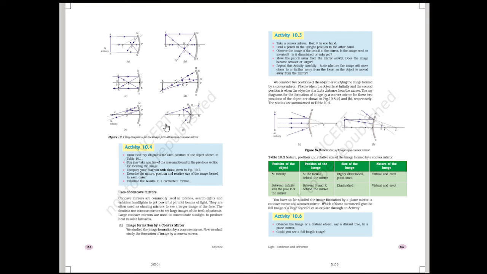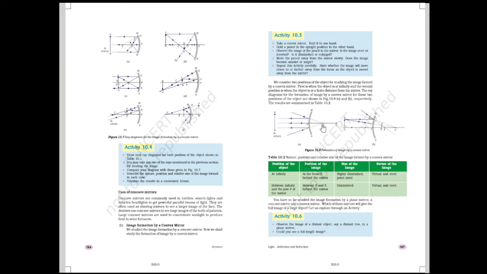When the object is at infinity, the rays come and are reflected back, diverging along F. It means the image is formed at F, behind the mirror, and the image is virtual and erect.